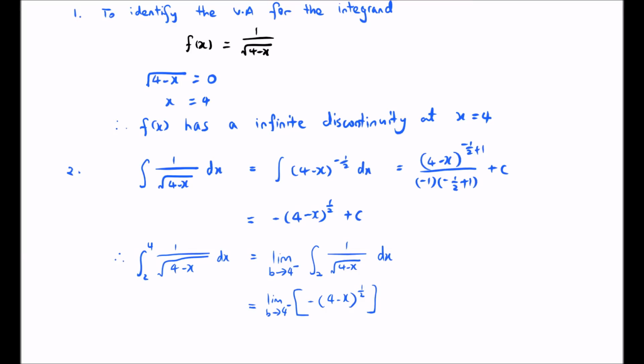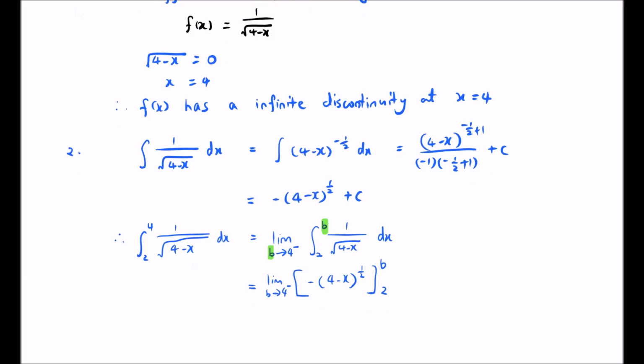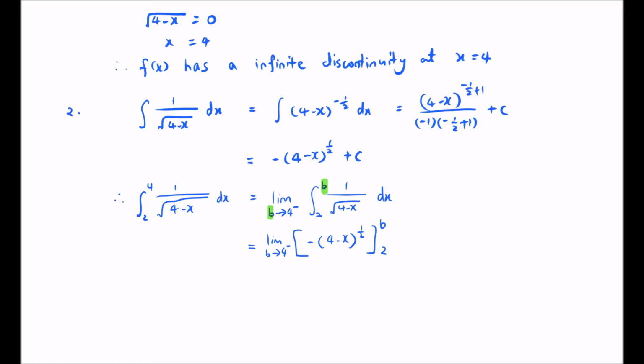So there's a b here. This is b and then 2. Now because of the negative sign, you can swap the limit if you want. So you get limit b to 4 minus of square bracket 4 minus x to the half. Swap the limit, the 2 goes up, the b comes down.